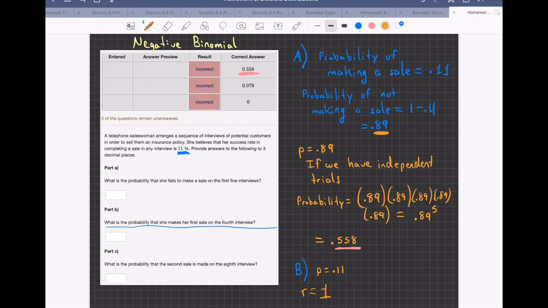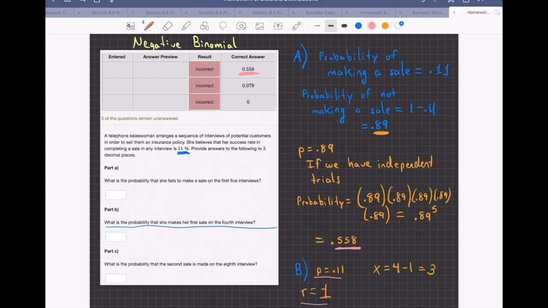So if the first success is going to occur on the 4th interview, then for the first interview, the second interview, and the 3rd interview, we won't have any success. So how many failures will we have? We will have 3 failures. So here we have to specify X, the number of failures. In this case, it's 4 minus 1 equal to 3.